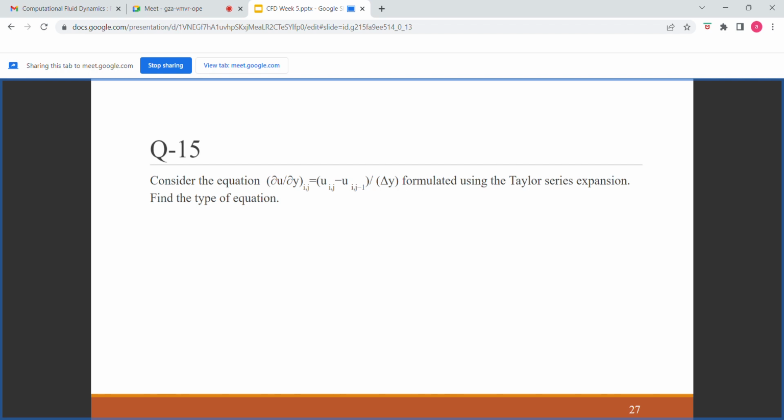Is there anyone who wants to answer this question? We'll just wait a minute. If anyone is willing to answer, they can answer. Without the options, it is possible. It is asked: dou u by dou y at i comma j is equal to u i j minus u i j minus 1 by delta y.